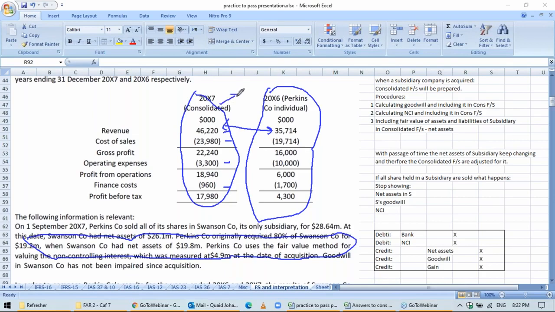First, you have to convert this into individual figures without the subsidiary figures, so that we can interpret from it and we can compare these for performance measurement purposes. So what they say is remove the subsidiaries figures from it first, and then make an income statement for Perkins only.